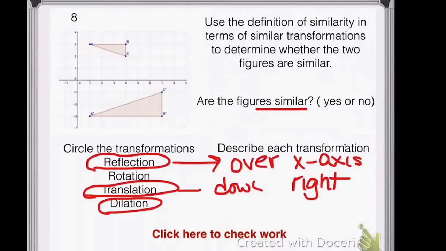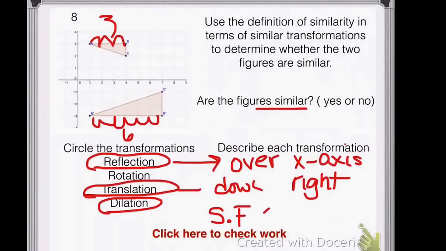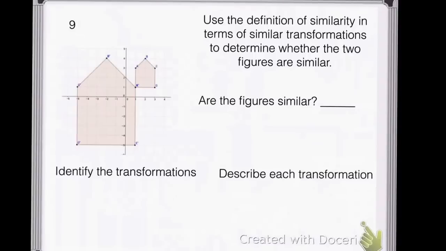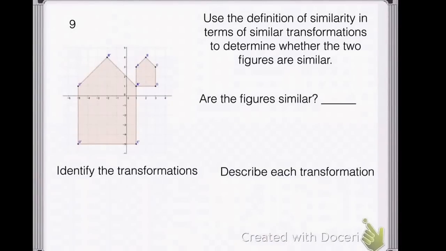In my dilation, I got to find my scale factor. So I count my units. So my scale factor would be 2. Now on this one, you need to do this one first. Are the figures similar?